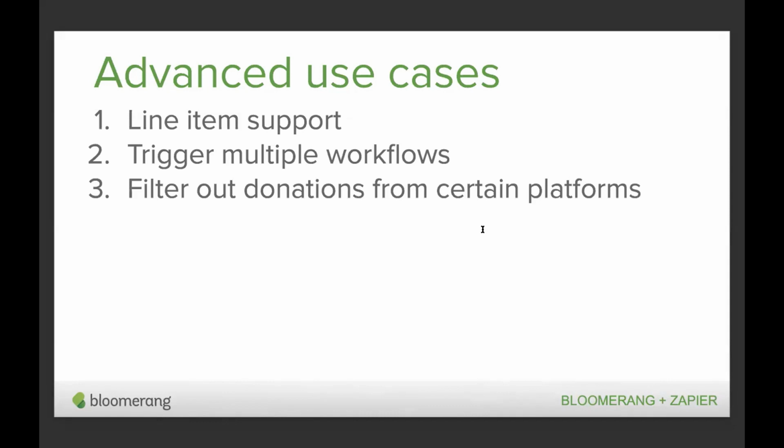If you need to trigger multiple workflows from a single PayPal donation to accommodate different mapping rules for different types of transactions. If you need to filter out donations from another platform, like let's say Fundraise Up, when there's already a native integration with Bloomerang that you're using.